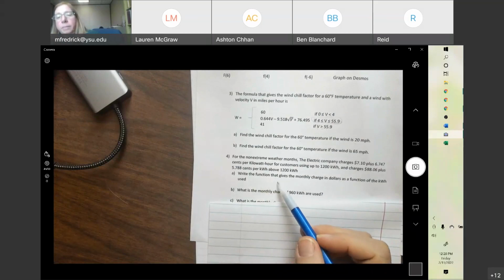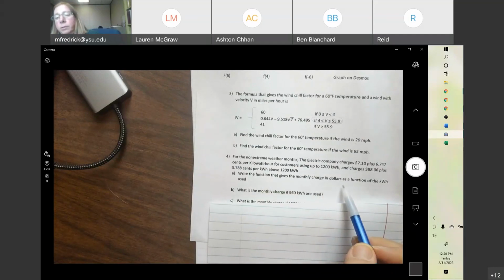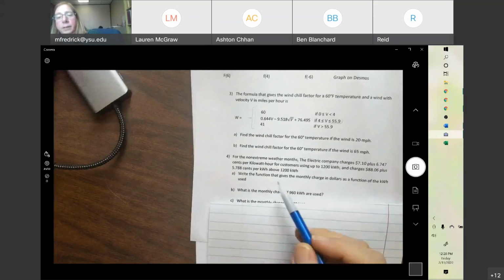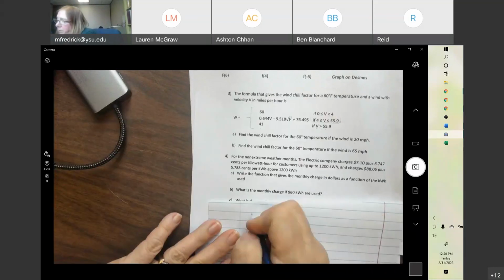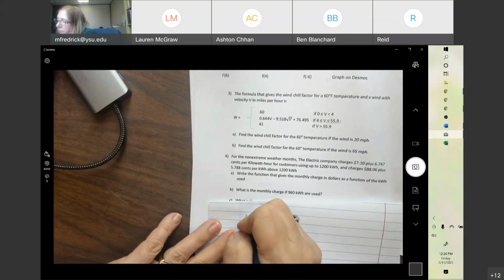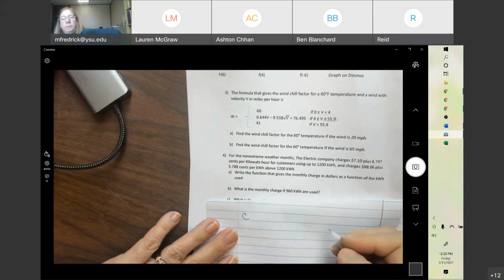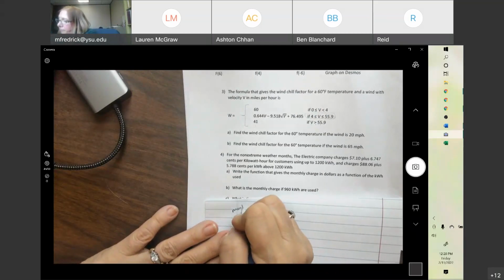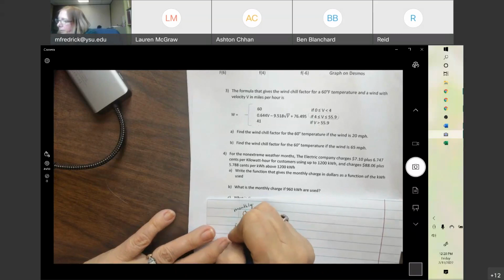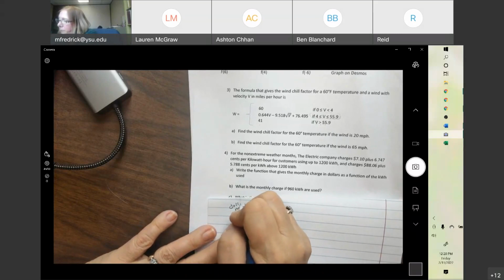Write the function that gives the monthly charge in dollars as a function of the kilowatt hours. So monthly charge. So C for cost, I guess that would work. And they want it in dollars.